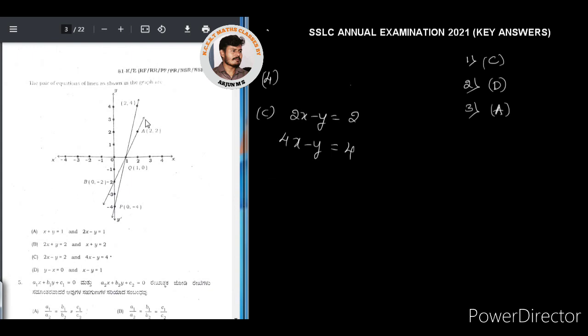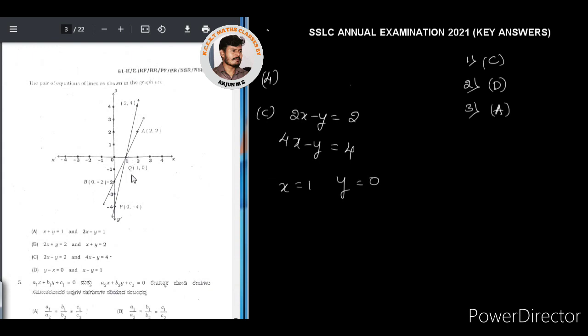First of all, you just consider the first equation, like 2 comma 2, 1 comma 0, and 0 comma minus 2. You just solve these two conditions, you will get x is equal to 1 and y is equal to 0, because these two lines intersect at point Q. So that is the solution of these two equations. That's why these two are intersecting lines.